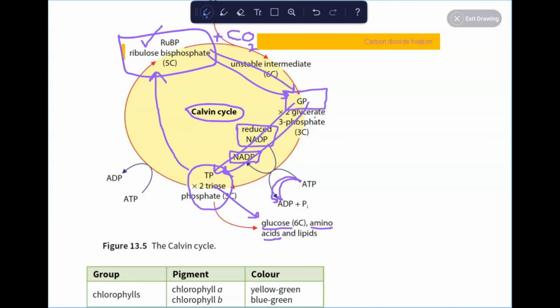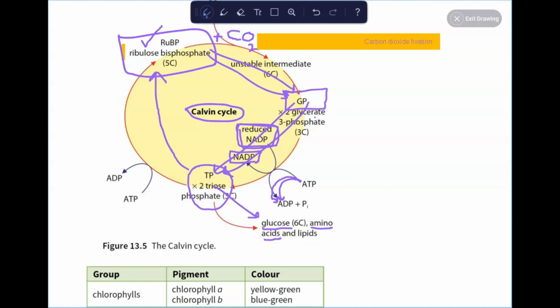The second product of the light dependent reaction is reduced NADP. Here reduced NADP is oxidized to release hydrogen ions, which are required for GP to be converted into TP. Two molecules of triose phosphate will be produced from these two compounds, glycerate phosphate and reduced NADP.